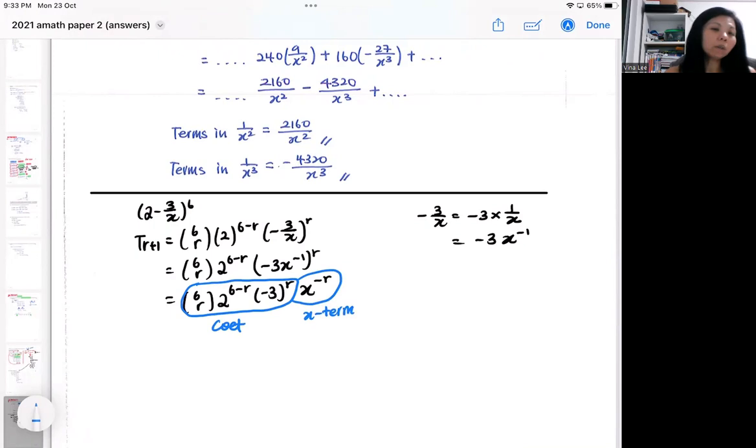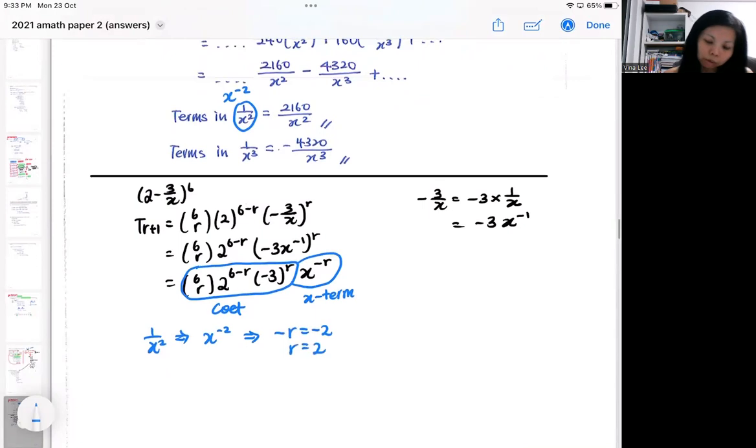If the question is asking for 1 over x squared, you do need to remember that that is x to the power minus 2, meaning that the power is minus 2.